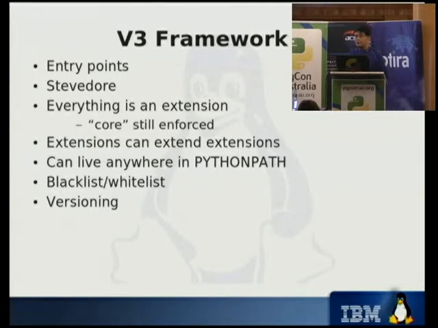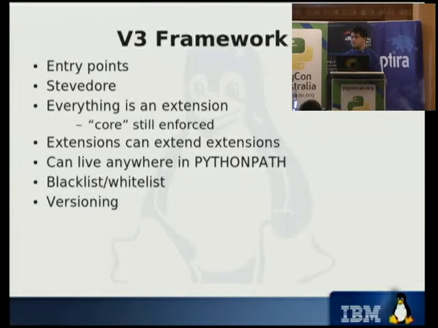In the V3 framework, everything is an extension, even the core code. This makes things a lot simpler for people writing extensions and for providing infrastructure for extensions, in that there's no special casing now for core API code versus extension code. So you don't get stuck in the problem with, I have to have this as a core part of the Nova API because I need this feature.